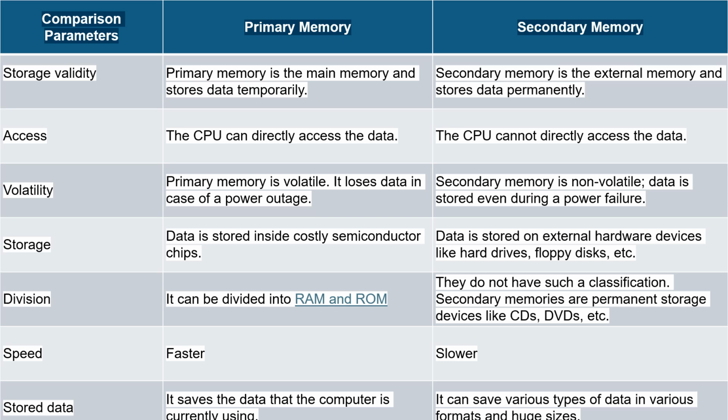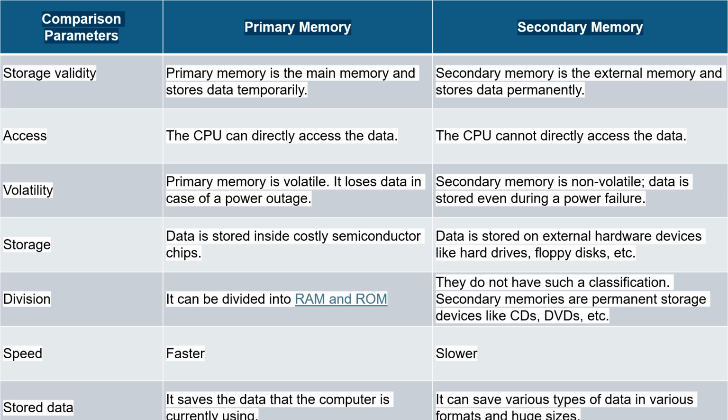In primary memory, data is stored inside costly semiconductor chips. In secondary memory, data is stored on external hardware devices, like hard disks, etc. Primary memory can be divided into RAM and ROM.